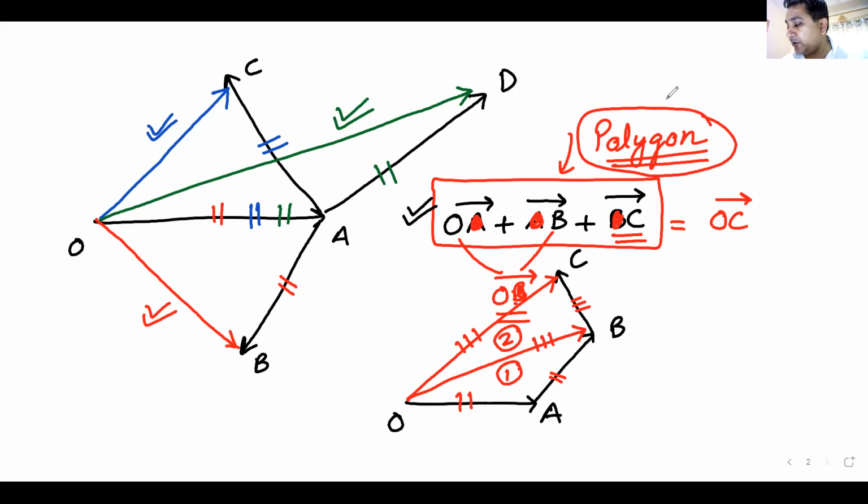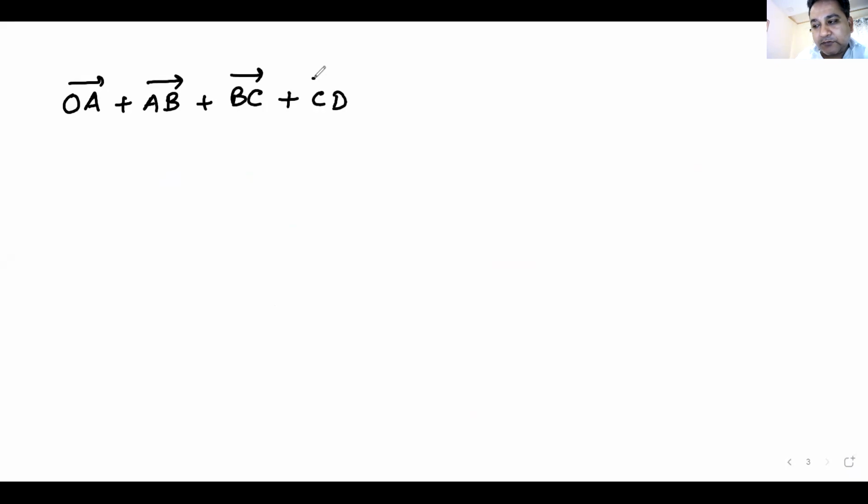Becomes your polygon law. If I give you one question here, and I'll add some vectors: OA vector plus AB vector plus BC vector plus CD vector plus DE vector. So I think I have added 5 vectors just to make a point.